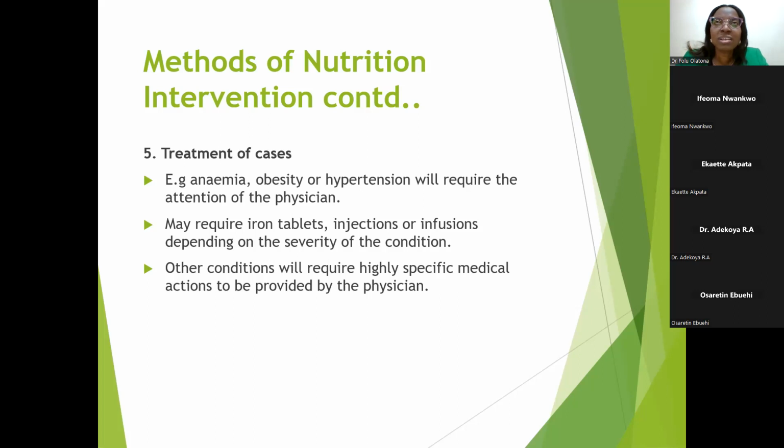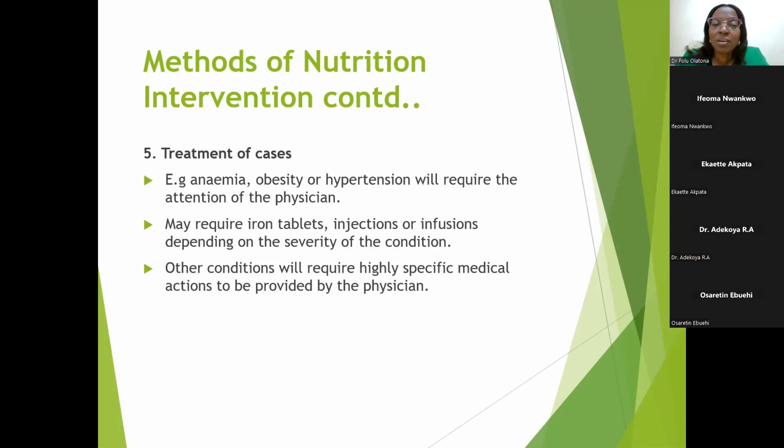So we do not just give them health education and go away. No. Because some of those people are obese, some of them would have developed high blood pressure. So we need to treat them. Get them to the clinic or health center and prescribe treatment for them. The reason is that if they are not treated, they will continue to add to the prevalence of those who have that problem.